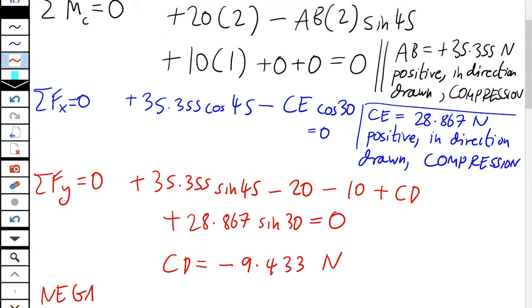That's negative. So it's opposite to the direction drawn.